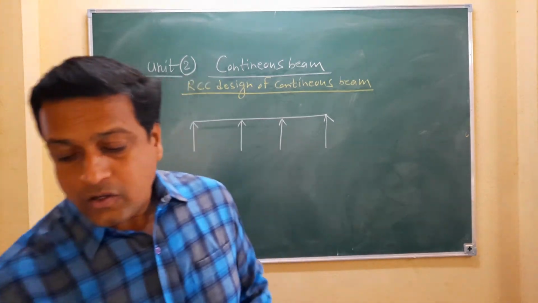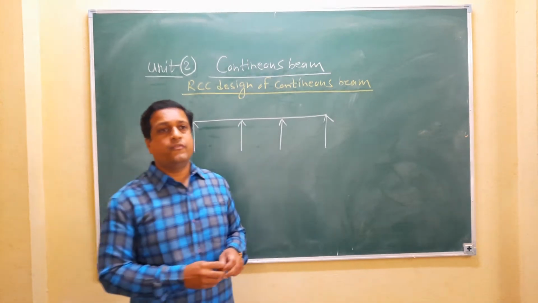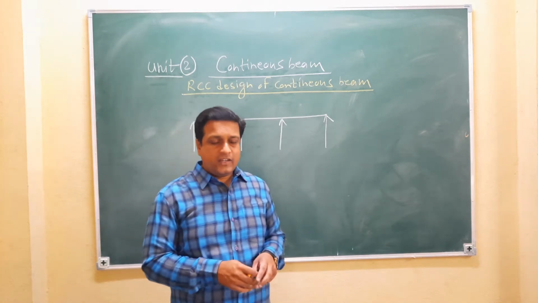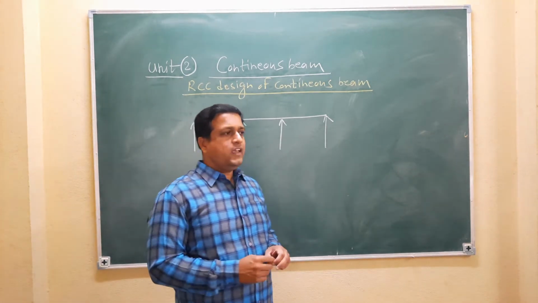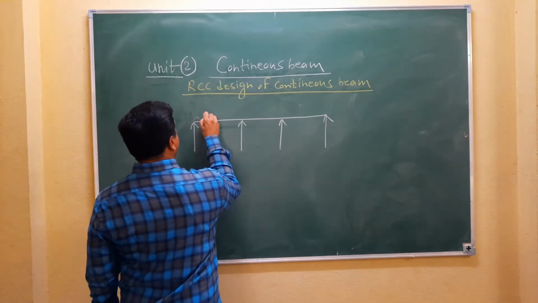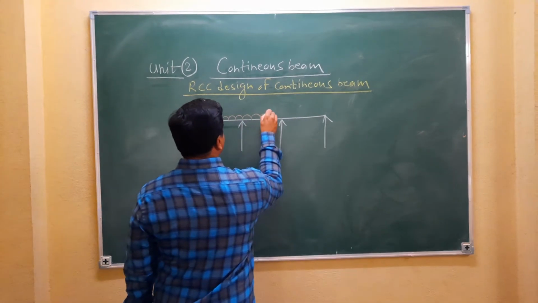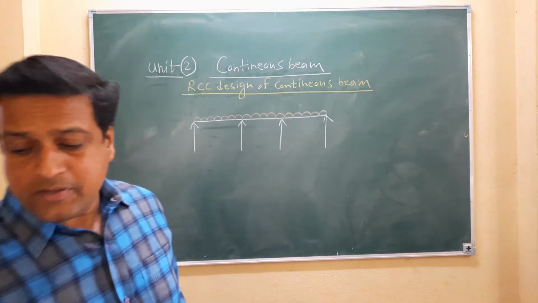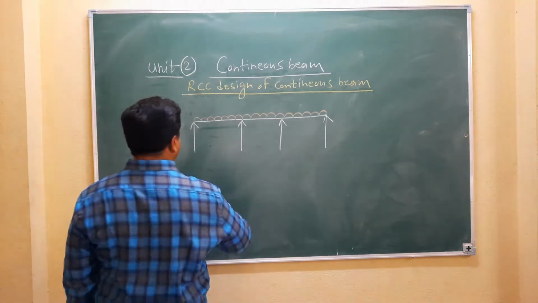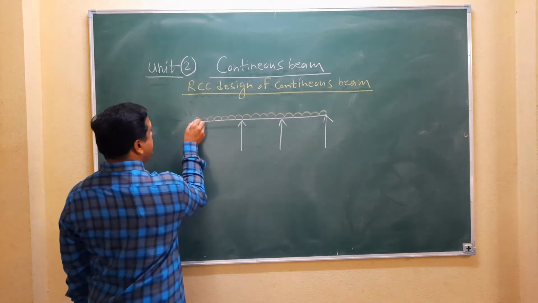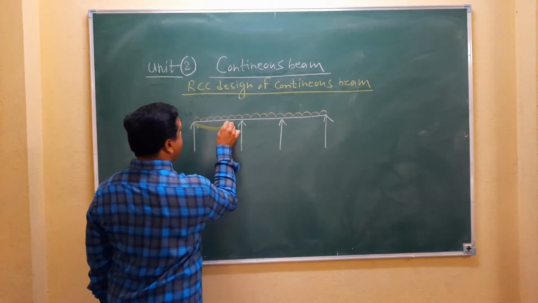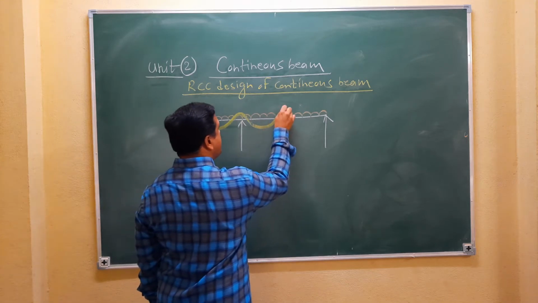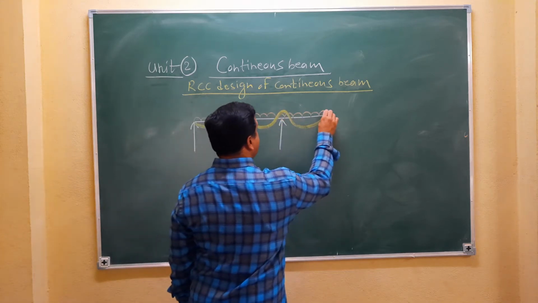Now exactly what is the behavior of a continuous beam when load is applied on it? How does it bend? When load is applied on the continuous beam, the bending behavior of the beam is like this. It bends in span and again on support, bends in span, again on support, bends in span like this.